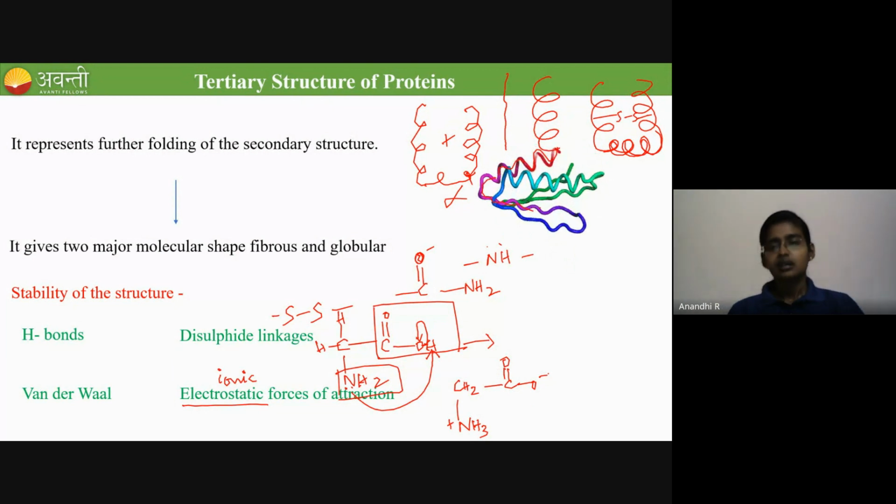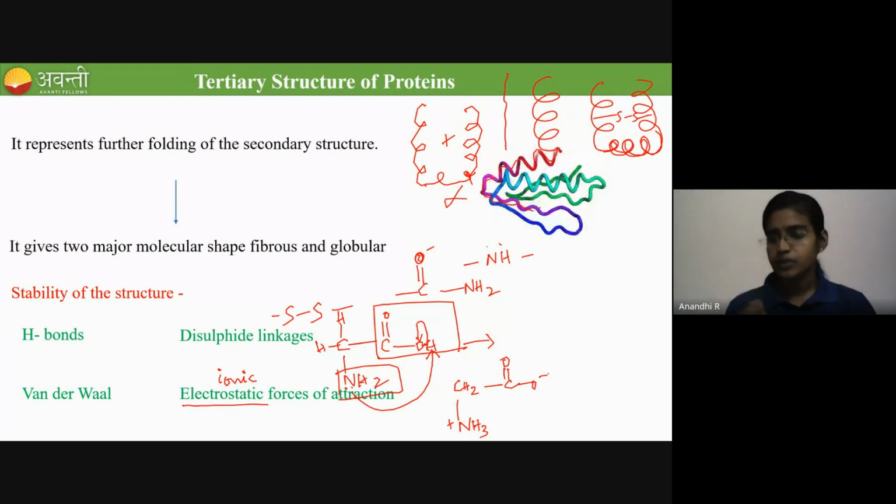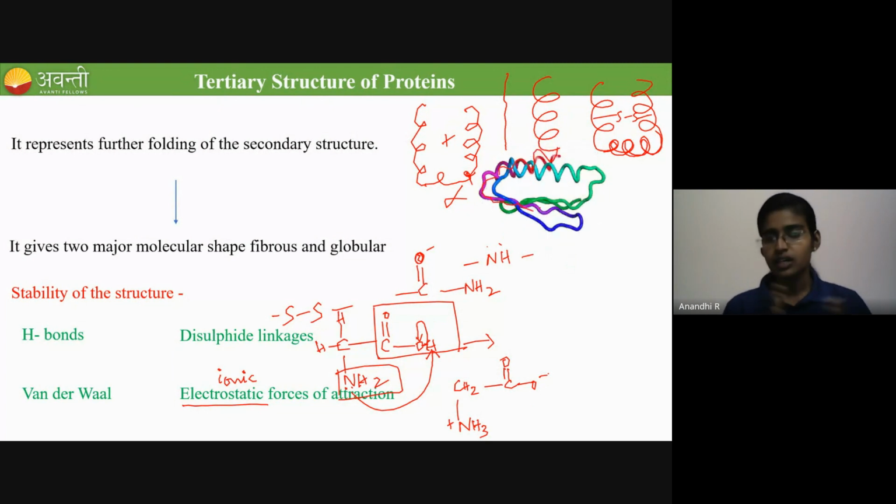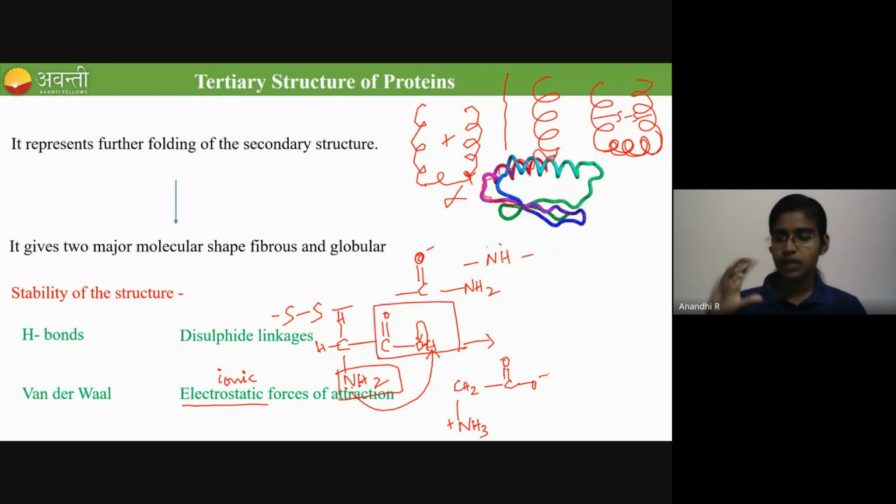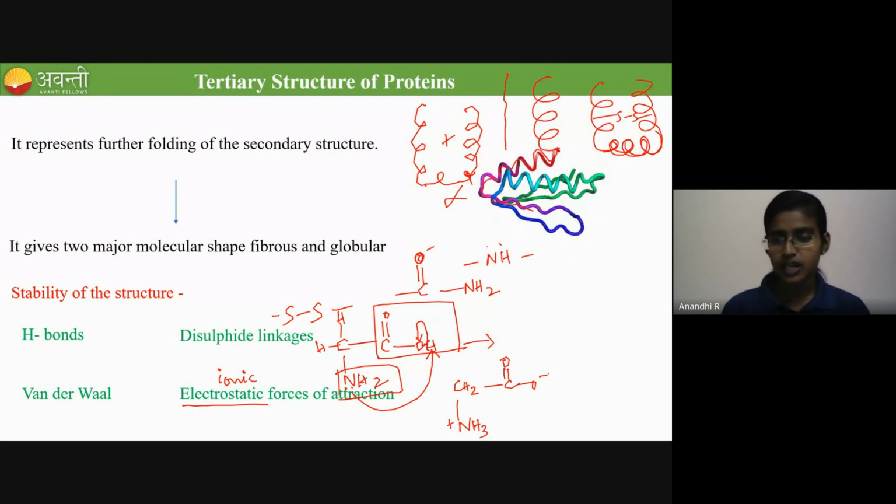See, Sandeep, four different types of interactions exist in tertiary. One is hydrogen bonding, the other is disulfide, the third is van der Waals, and the fourth is the ionic force of interaction. Ionic in the sense that the carboxylic acid part carries the negative center and the NH3 has the positive center. Those two ionic interactions are also present between these. Got it?